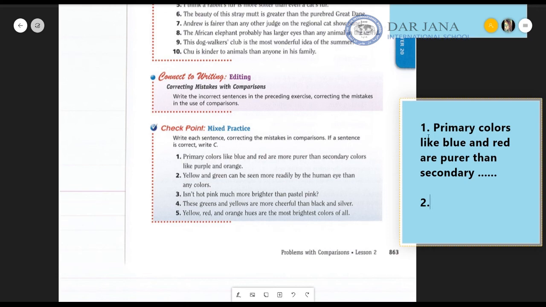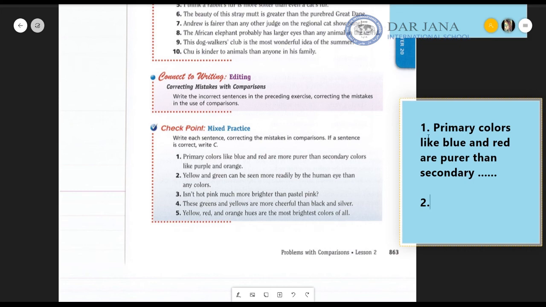Number 2, yellow and green can be seen more readily by the human eye than any colors. Now, considering that yellow and green are colors as well, you cannot say yellow and green can be seen more than yellow and green, or colors can be seen more than colors. It makes no sense. So it's an other. I need to add other in this case.